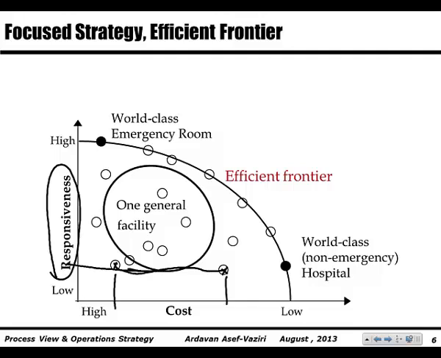Since their responsiveness are the same, therefore this is a better company. Look at these two companies. This one has better responsiveness compared to this one and has a lower cost compared to this one. This process, this product, this company dominates this process, this product, this company.